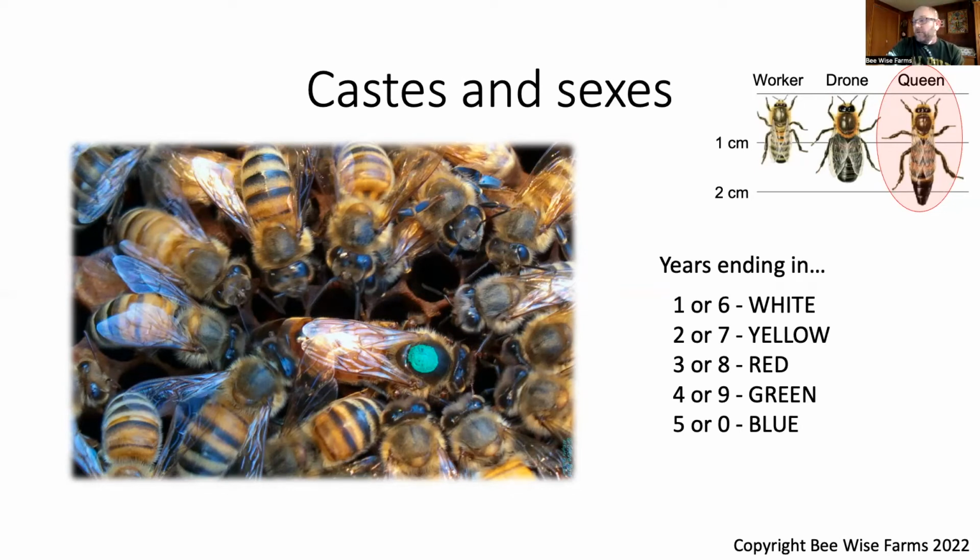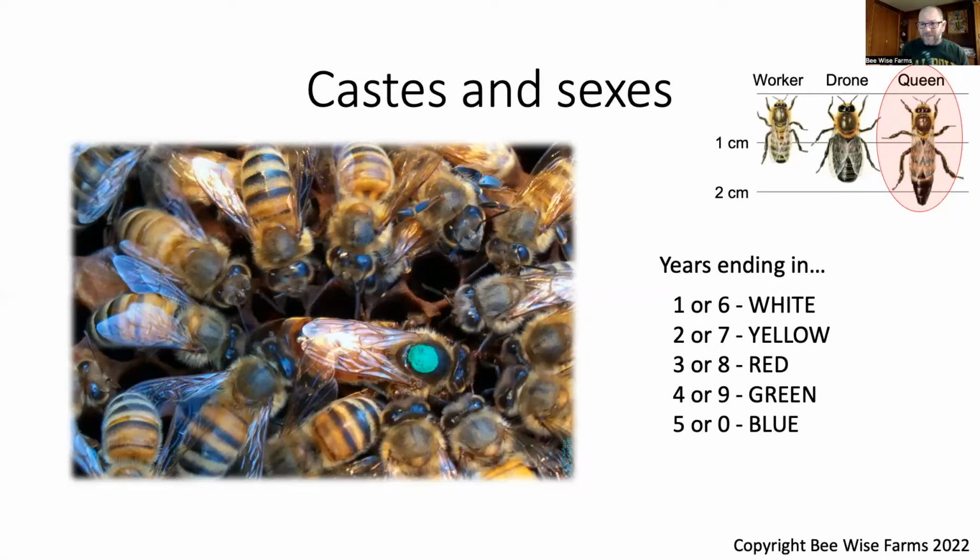So for example, this is the international code right here that we have listed on the right. You can see that years that end in 1 or 6 are white, years that end in 2 or 7 are yellow, years that end in 3 or 8 are red, 4 and 9 are green, 5 and 0 are blue. And so that's an easy way to keep track of the age of your bees.